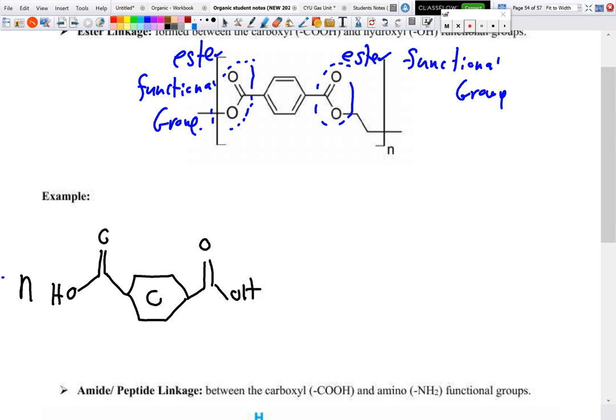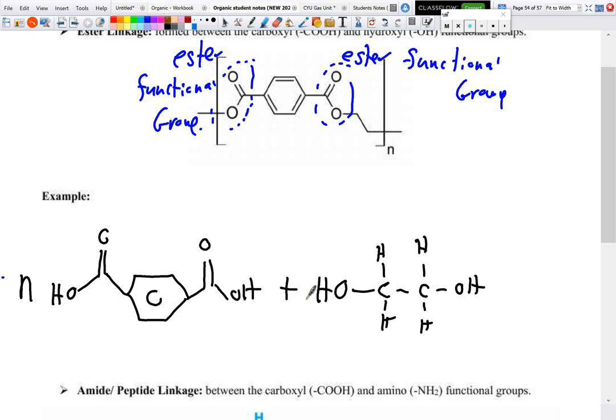You will notice that we need to have two functional groups come together. Now we can have the same repeating unit, or we can have something different as well, like some sort of diol. So you'll notice 2 carboxylic acids and 2 alcohols together.